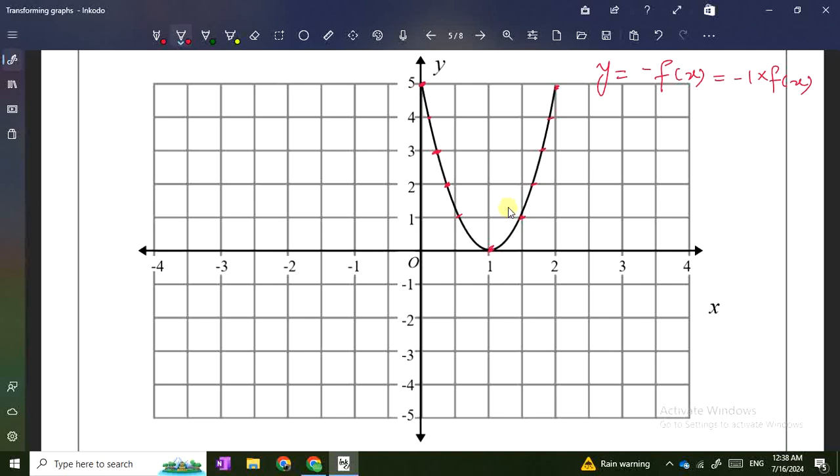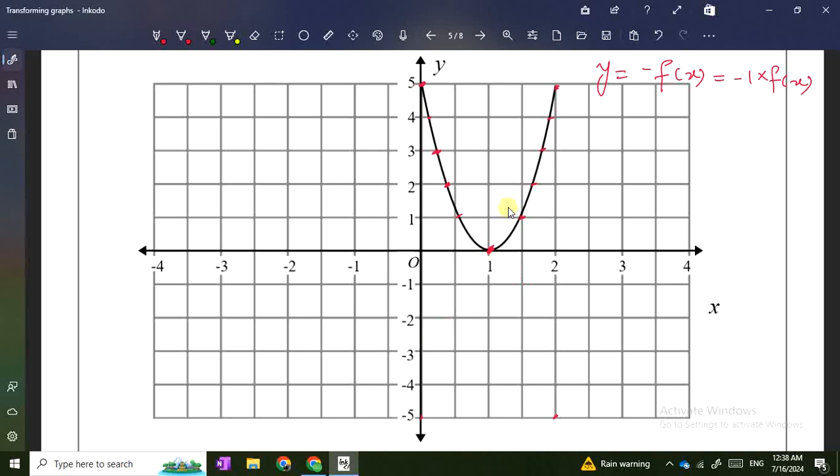So if you times by minus 1 to the y coordinates, all the positive y coordinates turn into negative coordinates. So y equals 5 turns into y equals minus 5, y equals 4 will be minus 4, and y equals 0 will remain 0. All the positive coordinates of y turn to negative coordinates of y, and you will have this kind of curve. So it will reflect over the x-axis.